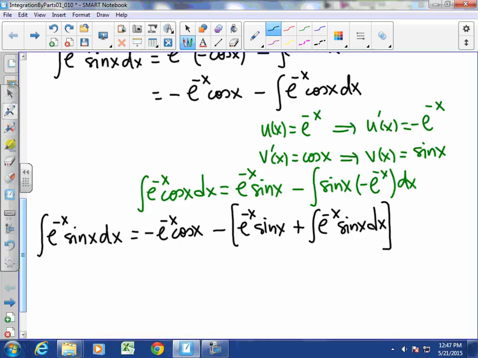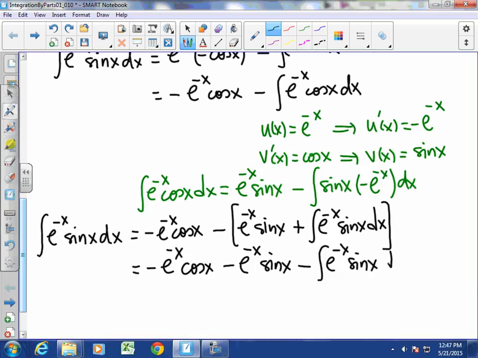So removing the brackets, we get negative e to the negative x cosine x minus e to the negative x sine x minus the integral of e to the negative x sine x dx. So it's like we kind of went around, right?